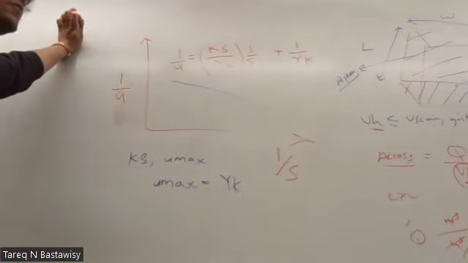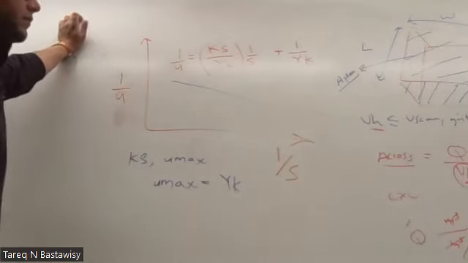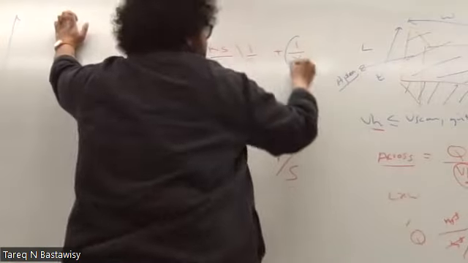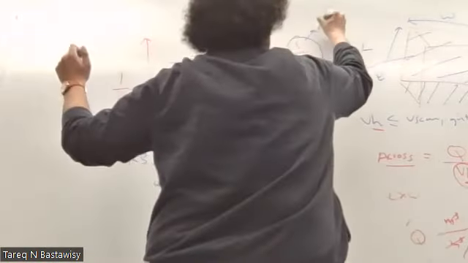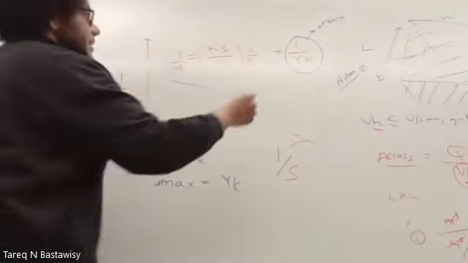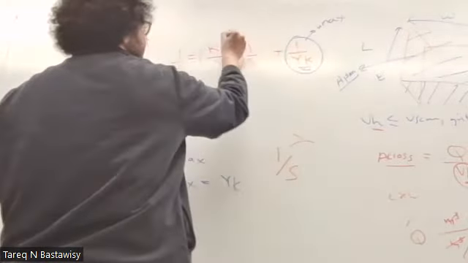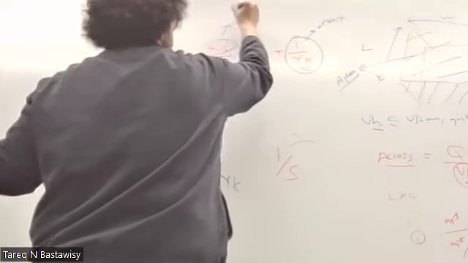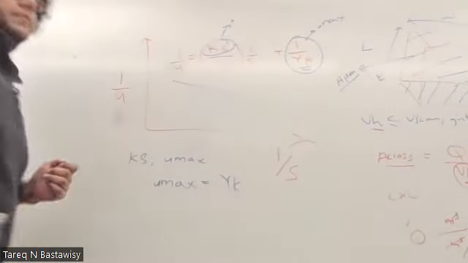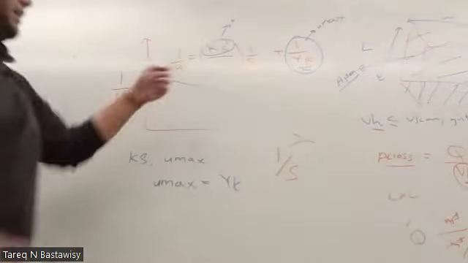So you find U max with this, and then you use this value to find Ks.